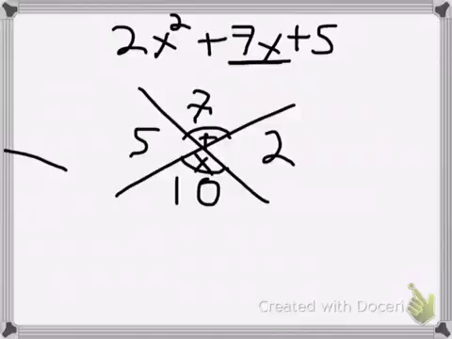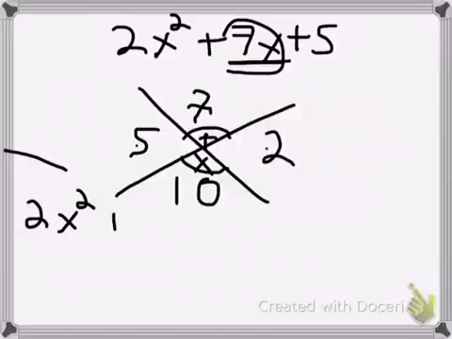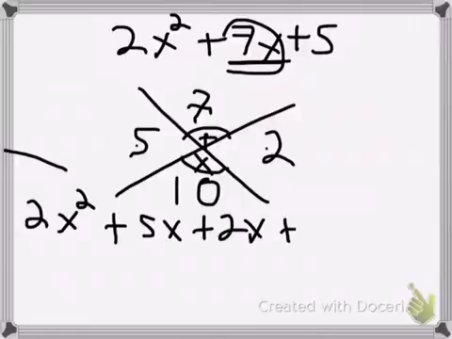Now, what we have to do is rewrite the equation with these two terms instead of the 7x. So we have to expand it. 2x squared plus 5x plus 2x plus 5.